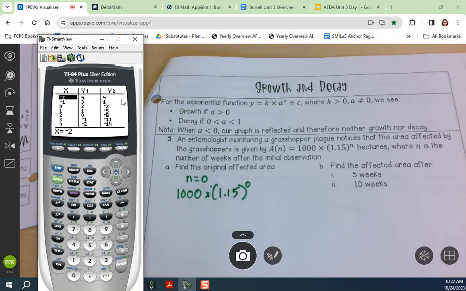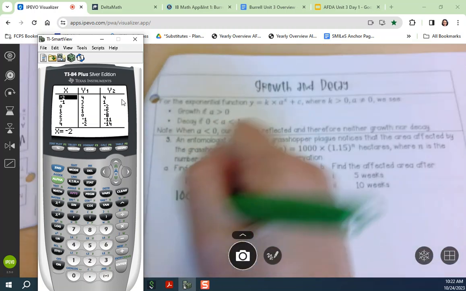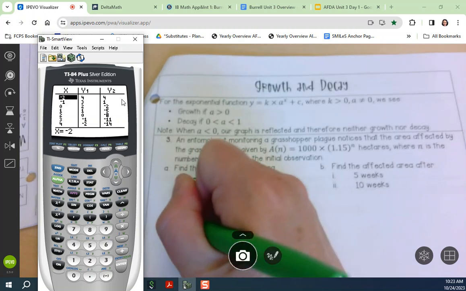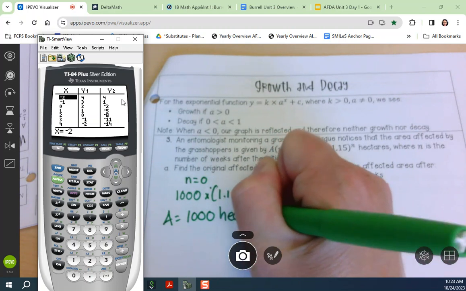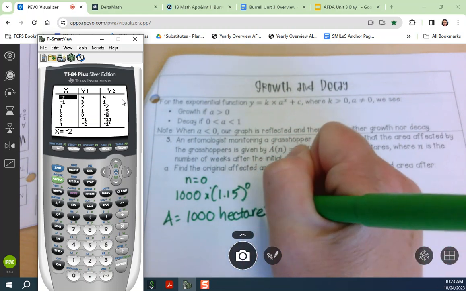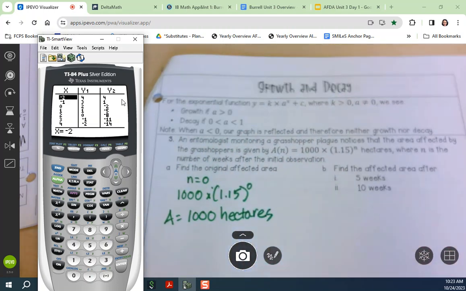All right, 1.15 to the 0 just gives us what? Just 1. Good. So 1,000 times 1 is just 1,000. So the area is going to be 1,000 hectares. Am I even saying that right? I don't imagine how else you could say it.